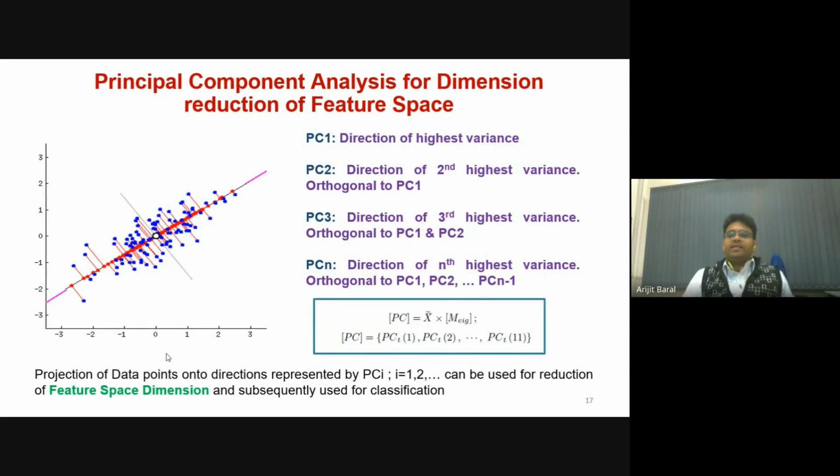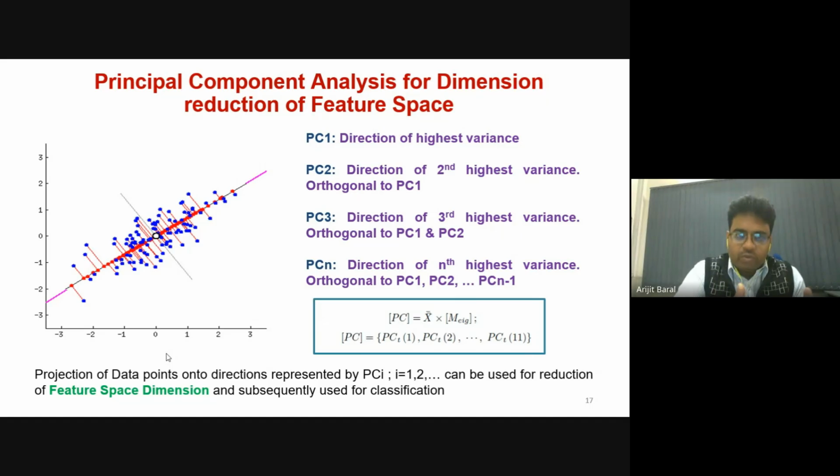Now here lies the advantage of using principal component analysis. If the feature set has 11 independent features, then there will be 11 principal components associated with it. Each of these principal components will give you a sense of the direction in which the variable is actually varying the most.